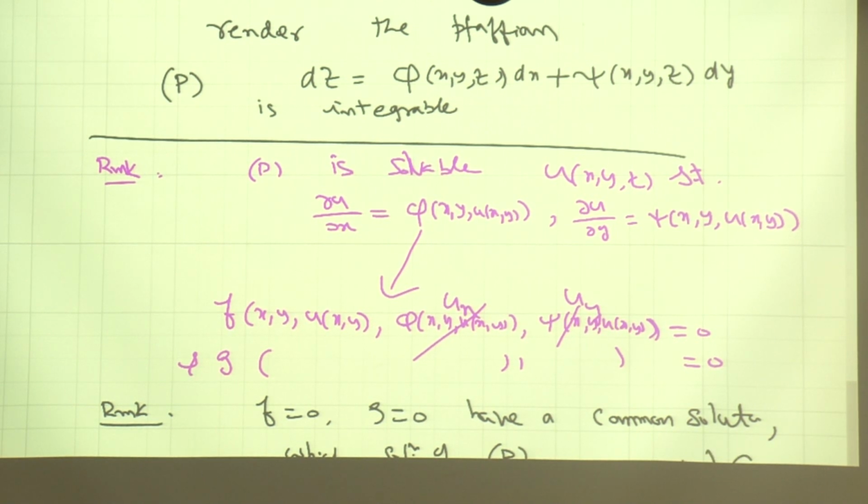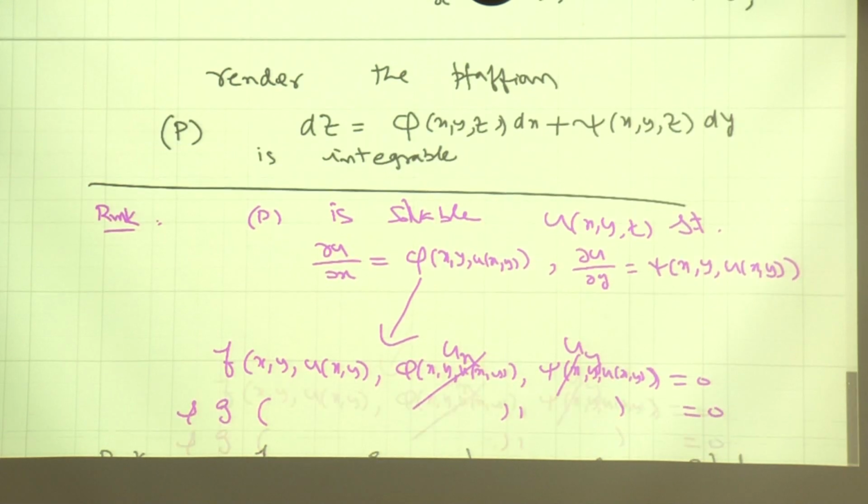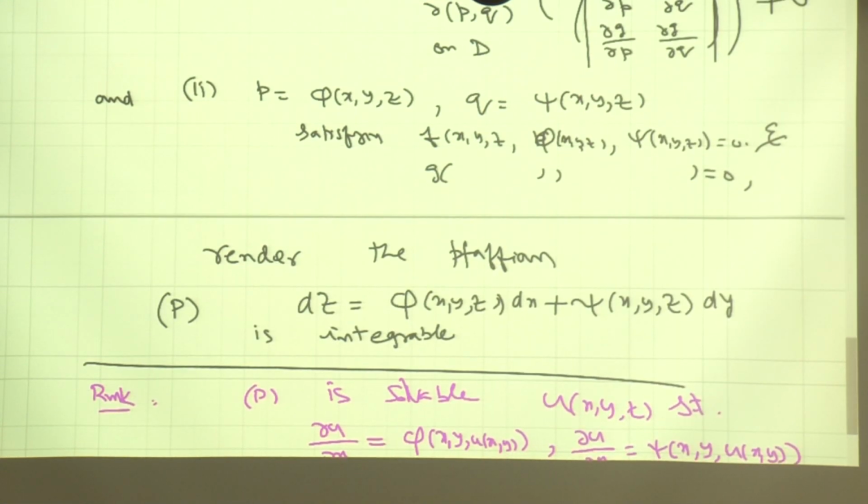In fact, we can write one parameter family of common solutions. So this actually should have been the definition. But why have they inserted this Jacobian non-zero and all that? Because they have a theorem in which that hypothesis is needed.